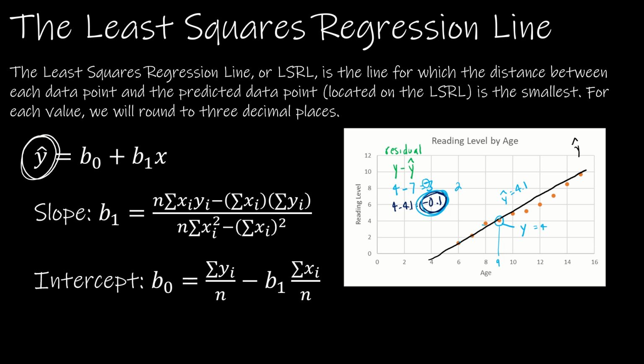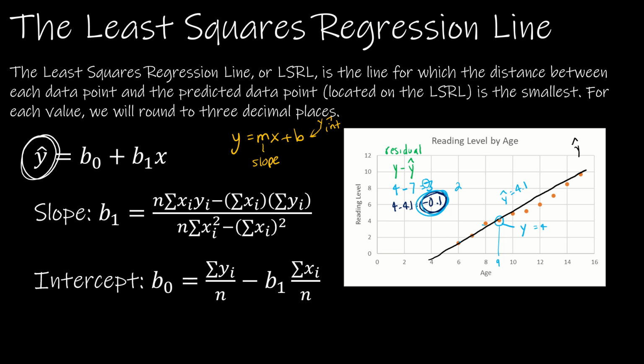Now, the regression line has two parts, just like any other linear equation. So hopefully you remember from algebra, y equals mx plus b. When we had y equals mx plus b, b was the y-intercept, and m was the slope. Well, guess what? That's exactly what we have here.